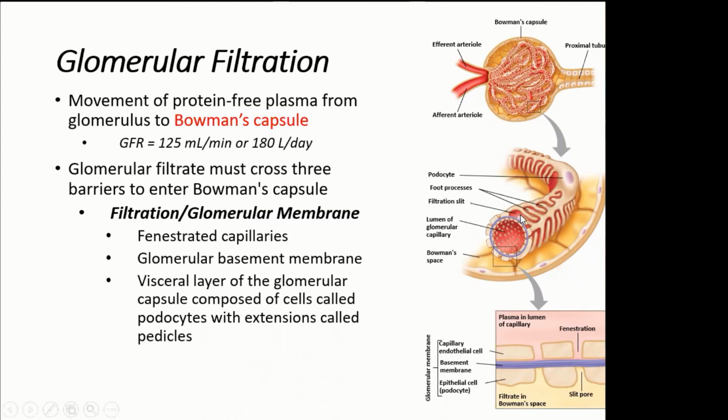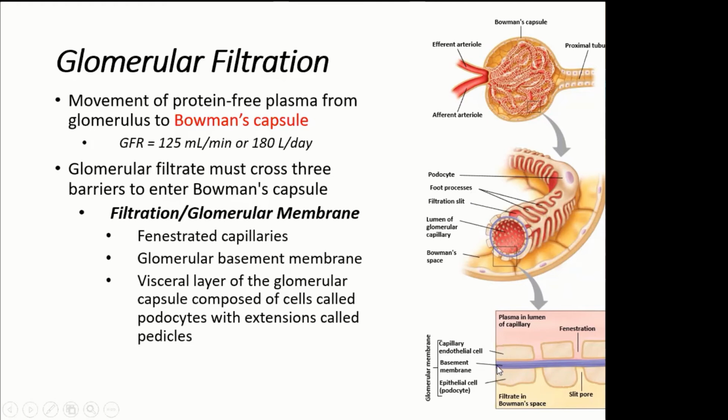So we have these things called filtration slits, which are basically these gaps between the cells. And the size of those filtration slits can be controlled. So we can partially control what's coming in and out of the glomerulus by controlling these filtration slits.